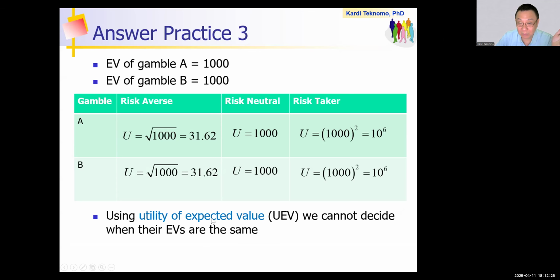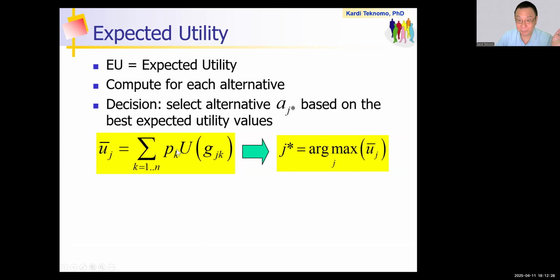So expected utility, you calculate the utility first, and then you multiply by the probability. So this is called expected utility, EU. Because this is based on gain, you can use argmax of this EU.